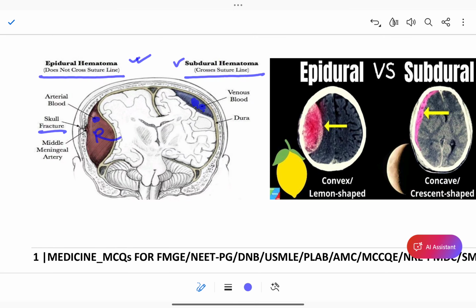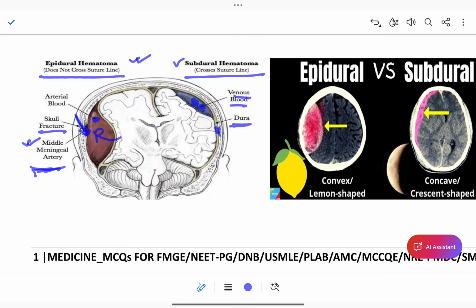This is a skull fracture, maybe from a strong hammer or an accidental fracture. Due to this fracture, the middle meningeal artery is damaged. This is the dura mater.